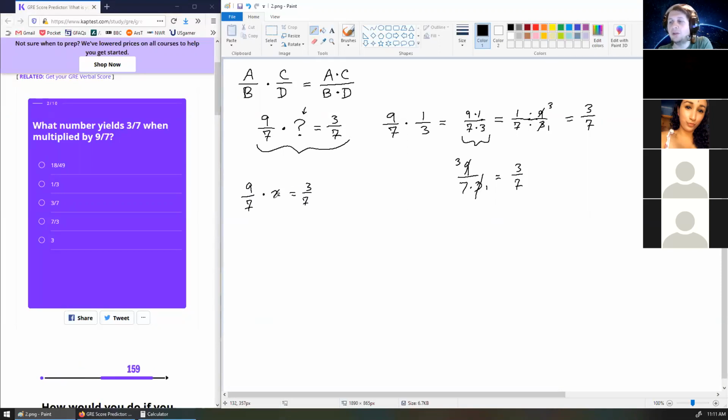So what we want to do is isolate x, right? So how do we get rid of 9/7? Subtract it. Not subtract it, because it's multiplied in here. It's divide. Right. So we have to divide it out on both sides. So yeah, we're gonna get that awful fraction division.